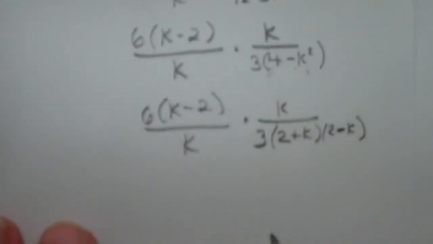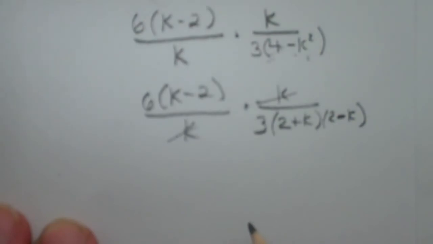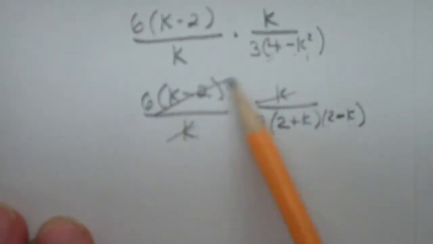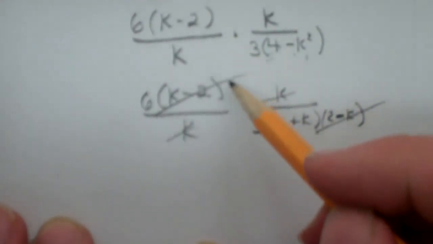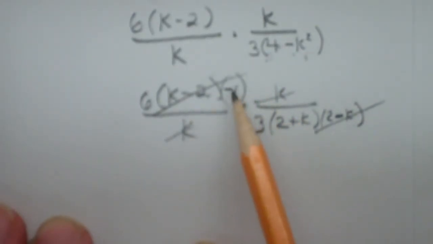Right, so we're going to cancel out some common factors here now. Well, this k and this k have been waiting to go. They can be canceled out. Now this k minus 2, down here, there isn't a k minus 2, but there is a 2 minus k. Remember, when you have this minus that over that minus this, that means you can cancel them out, but what was on top becomes a negative 1. Right? This actually becomes a negative 1.